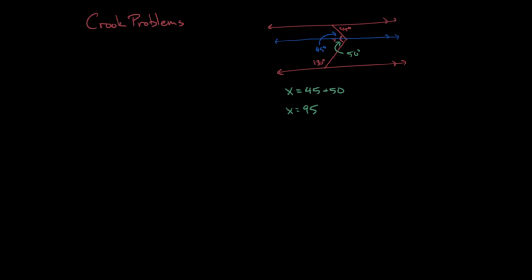This is what's called a Crook problem, but I can also have things like double Crook problems. I'm still going to start off with the same thing. I'm still going to have these parallel lines here, but those don't look parallel at all, but trust me, they are. I'm going to have a double Crook, something that looks like this.